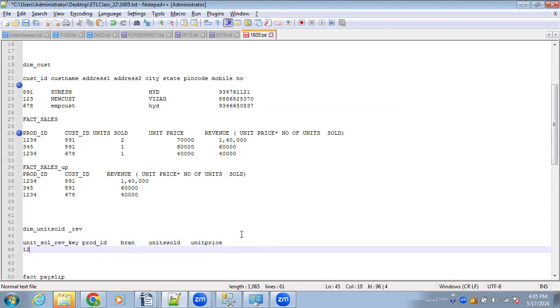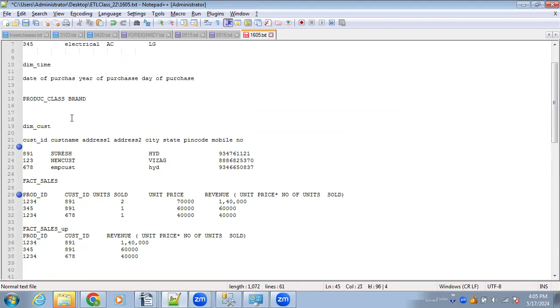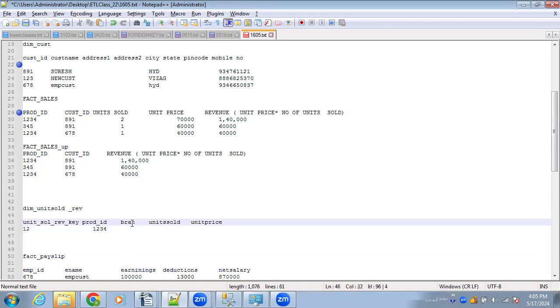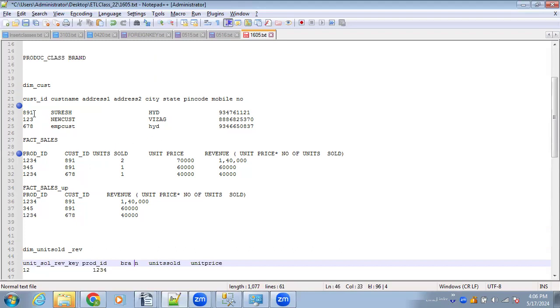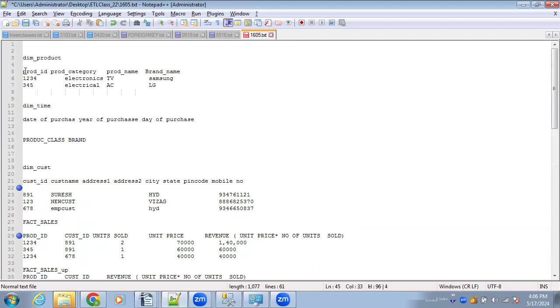This could be an artificial key. So product ID. Product ID is what it is there under the product ID. 1, 2, 3, 4. Okay. Brand is also there, like we are mentioning the brand of the product sales.